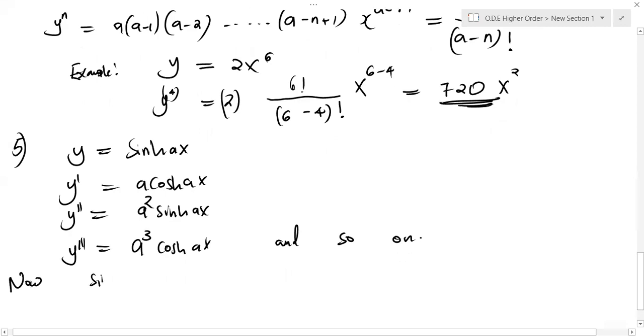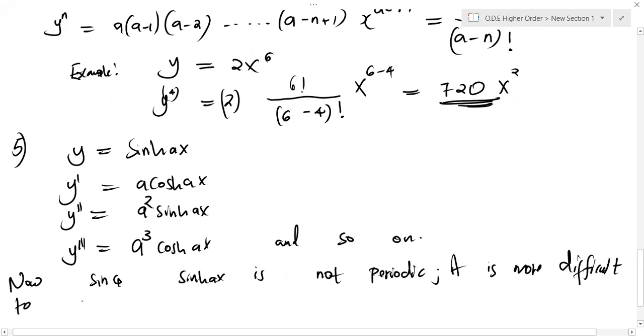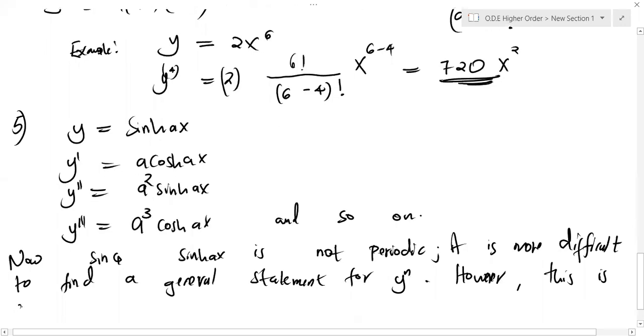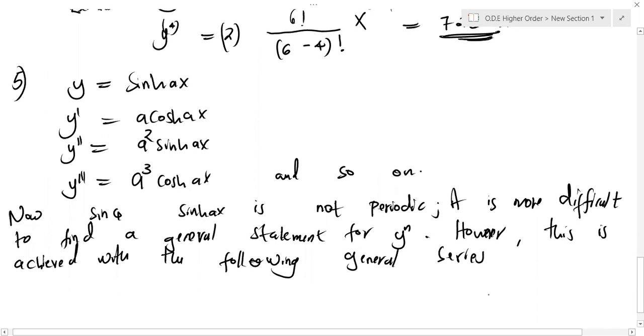Now, since sine hyperbolic ax is not periodic, it is more difficult to find a general statement for y^n.